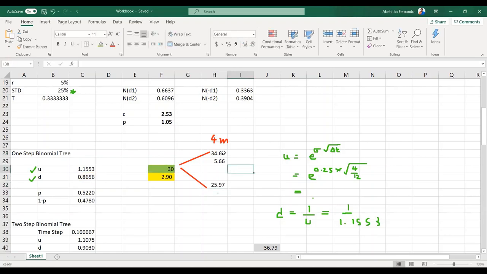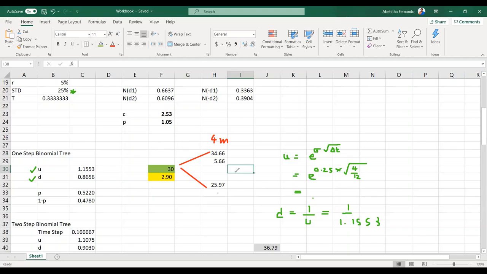Once you have identified the stock prices in 4 months' time in a one-step binomial tree, look at the payoff of the options in 4 months' time. You know the payoff. The requirement was to find the value of a European call option considering 1 step and 2 steps.